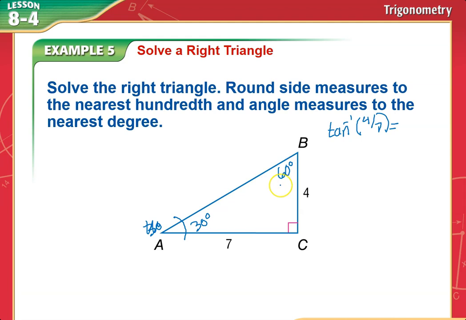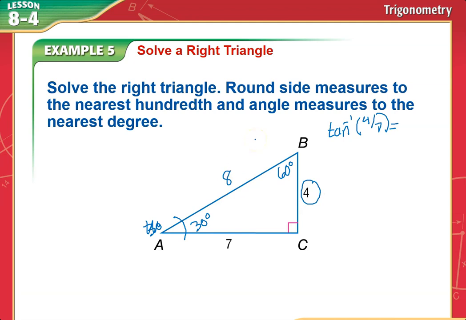And this ends up being a 30-60 right triangle. So my hypotenuse should always be double the smallest side length here. So this should be an 8.